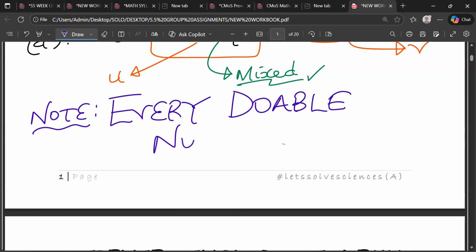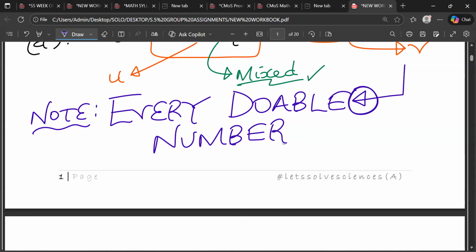Every doable number. I think even those of last Friday were not aware. I came up with this rule during third term. For those students who do homeschooling with me, those who study from home and just go to school to do mocks and UNEB, they are the ones who know this. That every doable number, by doable number, I mean an assignment.